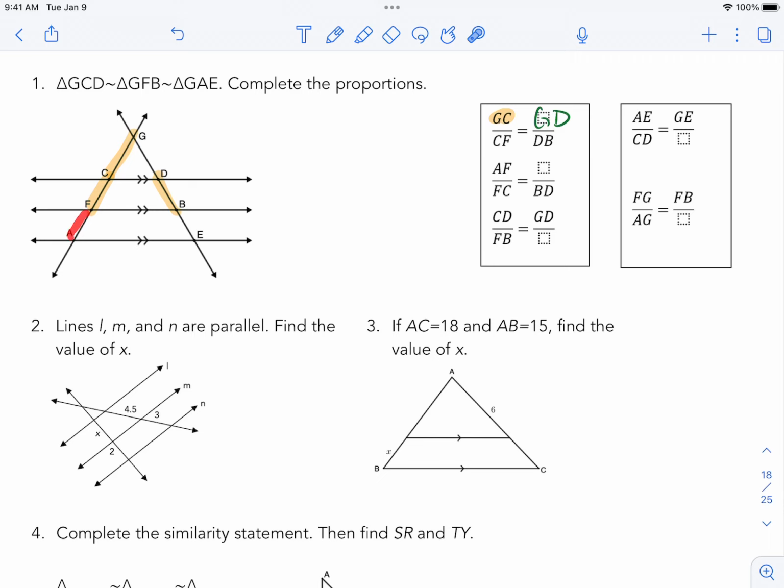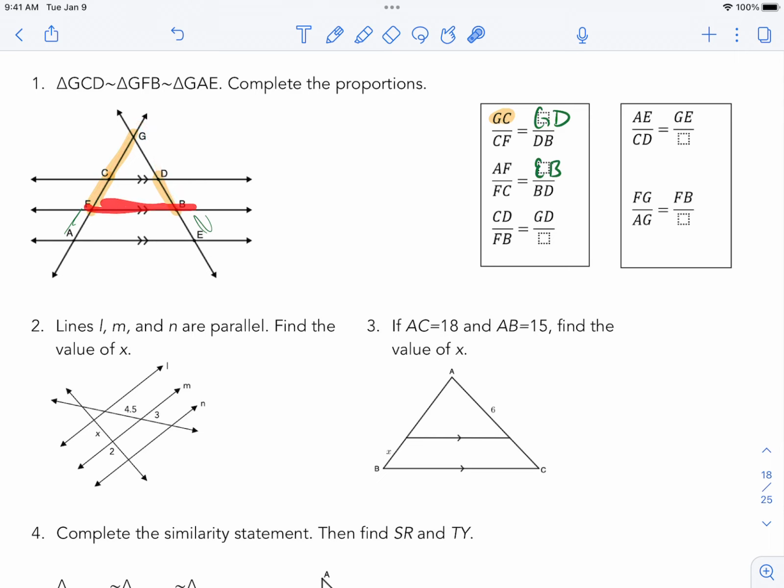Well, again, if we're going AF over CF, then we would go BE over DB, or we could say EB to keep the letters the same if we went from A to F, E to B. And then we have CD, this length right here, over FB, and then GD over what? Now this one's a little trickier because FB is not just a part of the triangle, it is actually a whole side of this larger triangle right here.